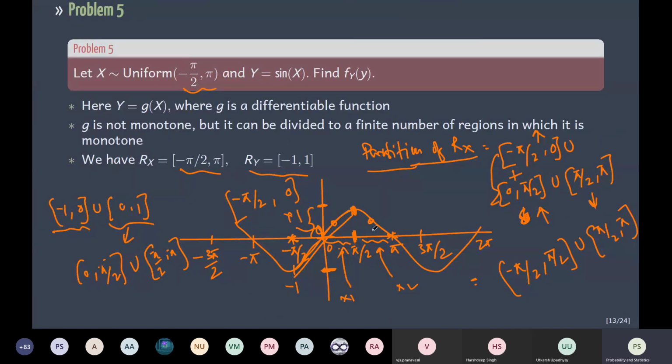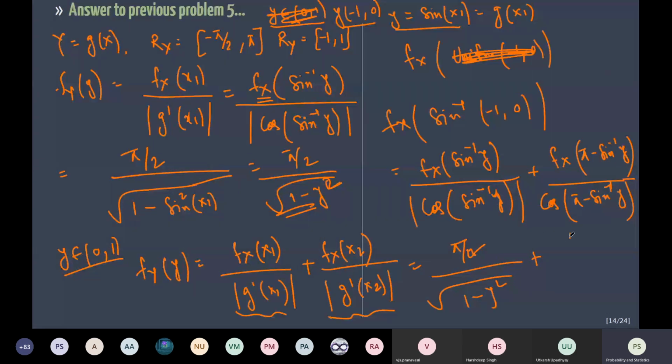So this will be pi by 2 again, and then square root of 1 minus y squared. So this is the uniform over the ranges here, right? I hope there is no mistake I have done anywhere.